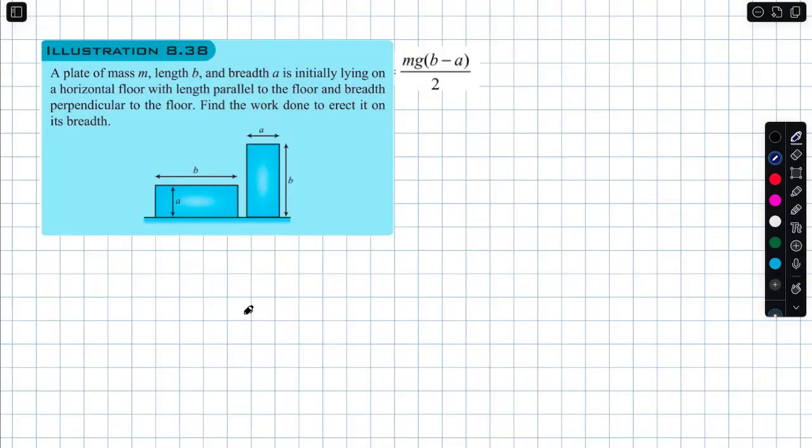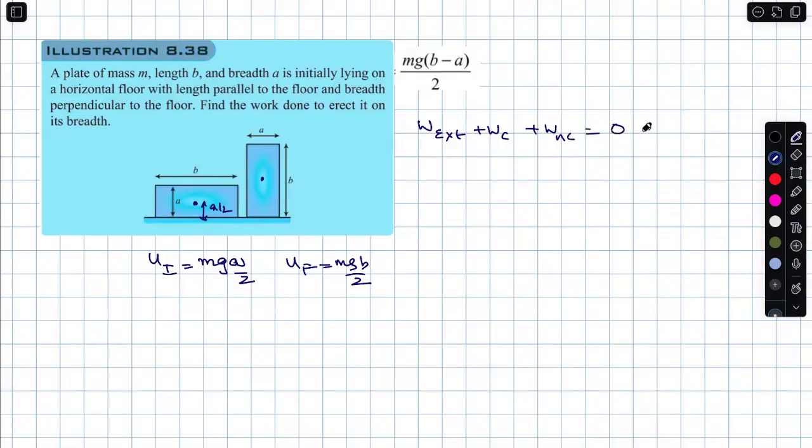What is the total potential energy initially? The center of mass is at a height of A by 2, so the potential energy initially is mg A by 2. Now finally the height is B by 2, so mg B by 2. The work done by the external agency plus the work done by the conservative force is 0, because you are lifting slowly and there is no kinetic energy gain.